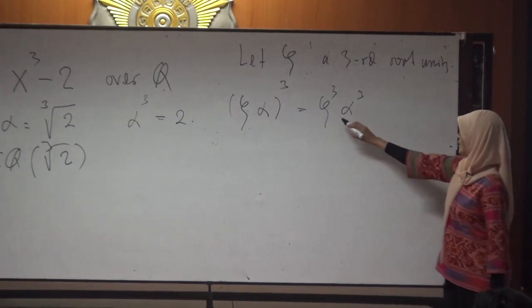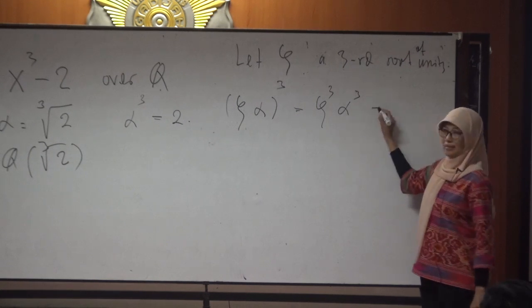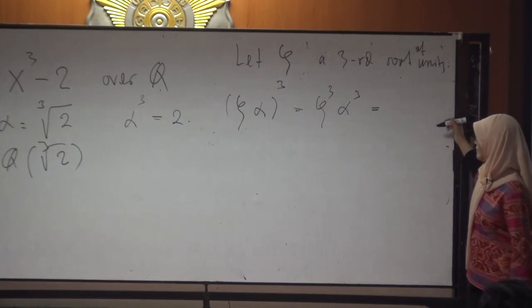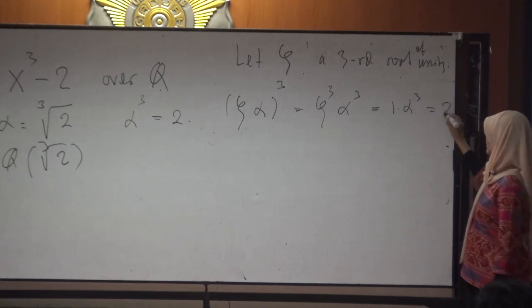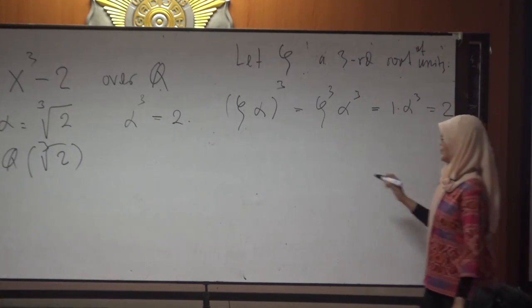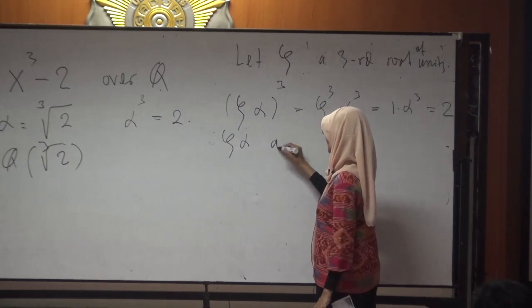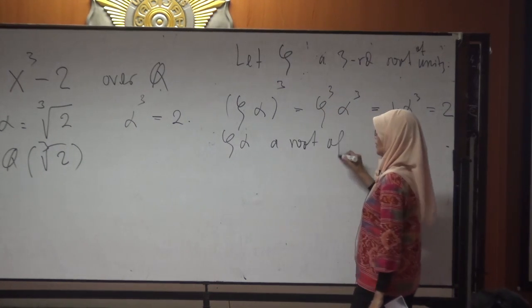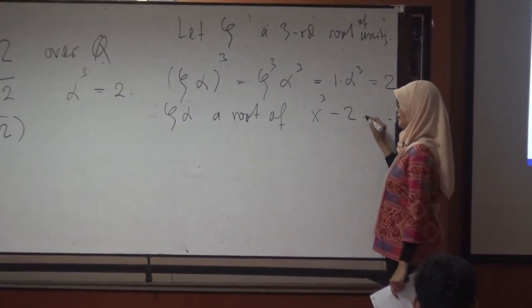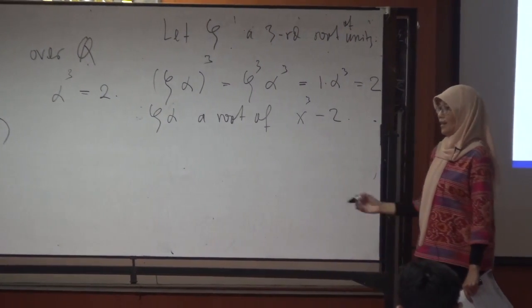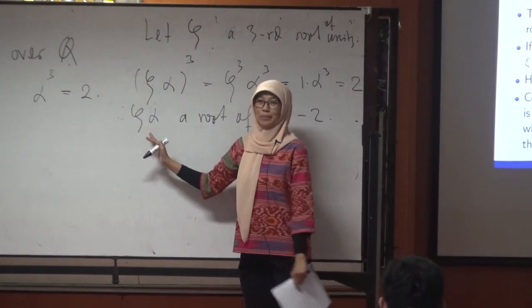And because it is a third root of unity, what happened here? So this equals 2. It means this multiplication is also a root of the polynomial. So we find the other roots of this polynomial, which are complex numbers.